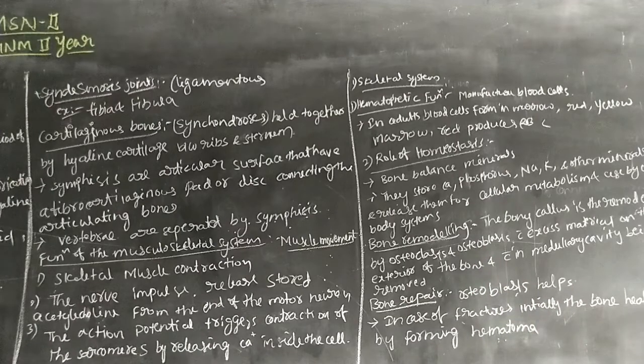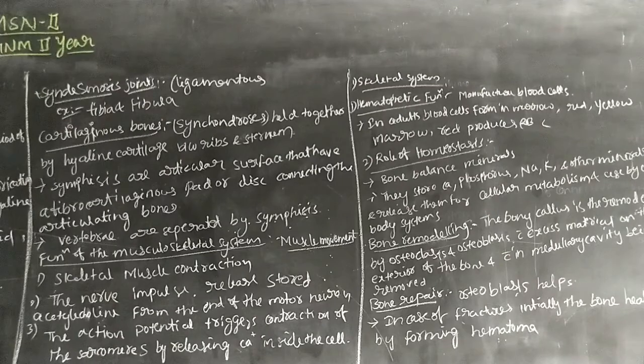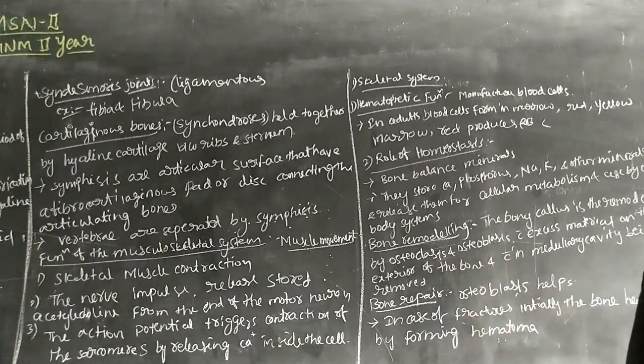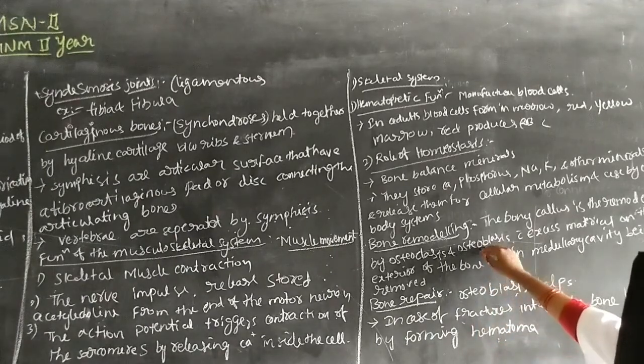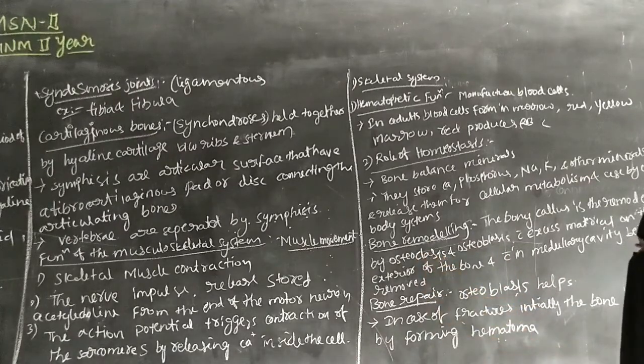Osteoclasts remove the damaged cells, and osteoblasts form the new cells.